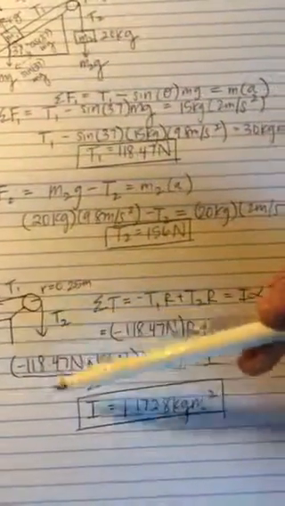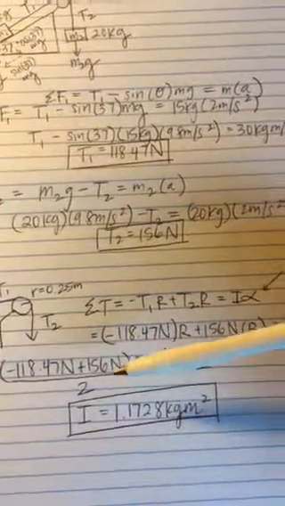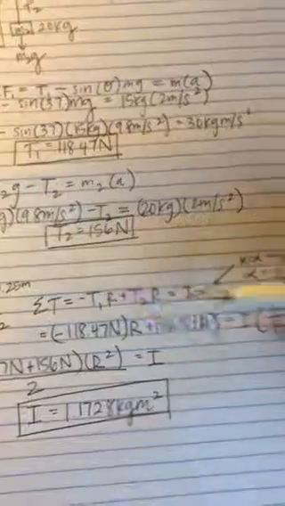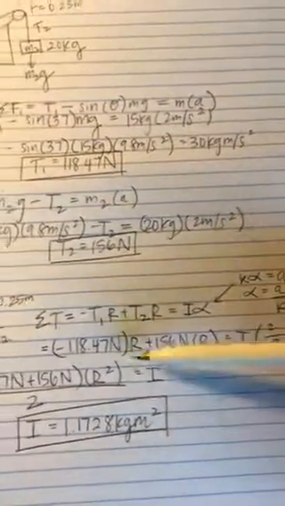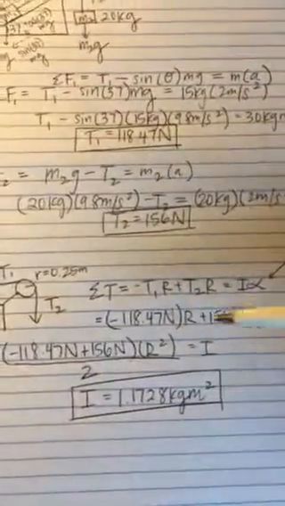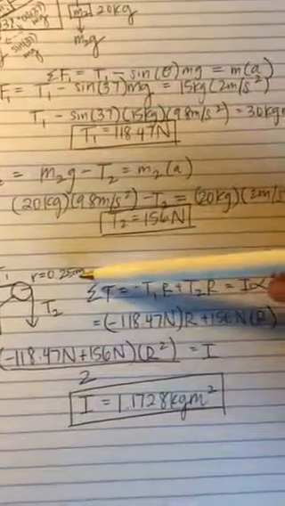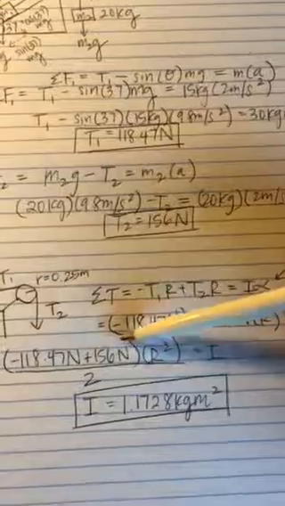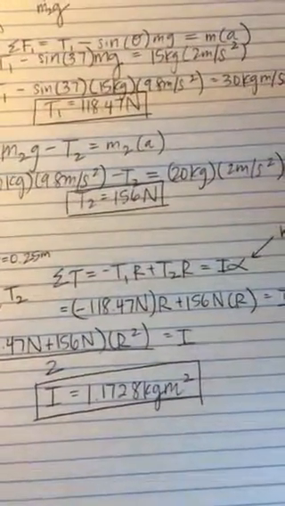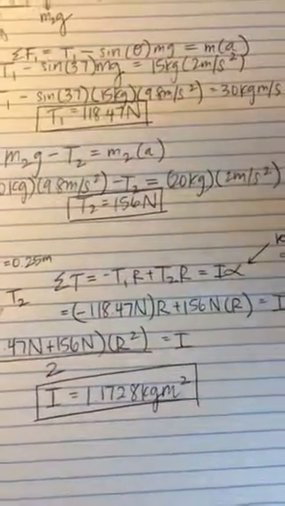And what you get is negative 118.47 newtons plus 156 newtons times the r, and also times the r here, which is r squared over 2 equals I. And then r is 0.25 meters, so if you just square that, you have the sum of this over 2, you get the moment of inertia of the pulley is 1.1728 kilograms meters squared.